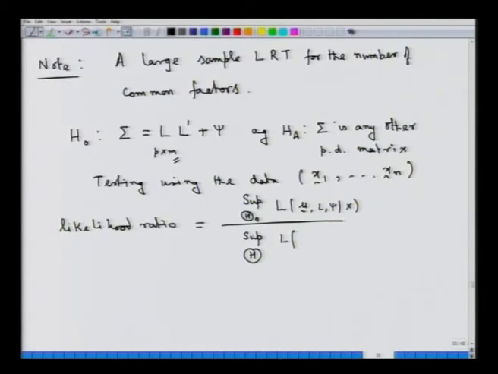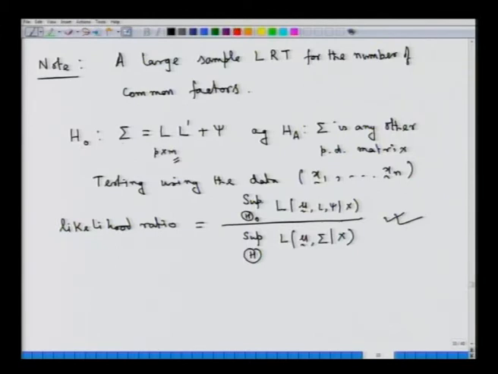When we talk about Θ, it is not with respect to this factor model; it is with respect to the mean vector μ and Σ being any positive definite matrix. So, we will have to compute this particular term, which is going to be called the likelihood ratio, when we are looking at testing of this null hypothesis, and then we will use standard large sample theory of likelihood ratio in order to formulate this testing of H0 against HA.